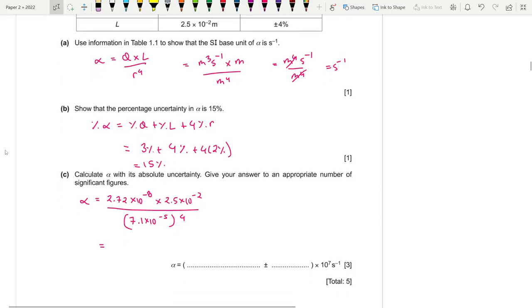That gives an answer of alpha equal to 2.6759 into 10 to the power 7.